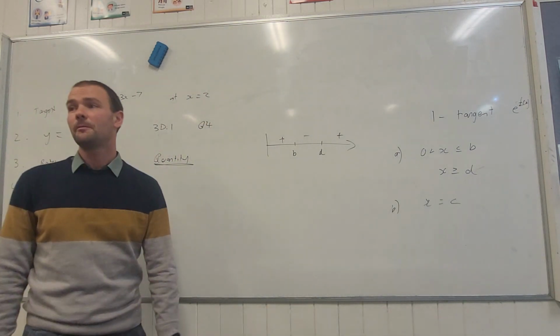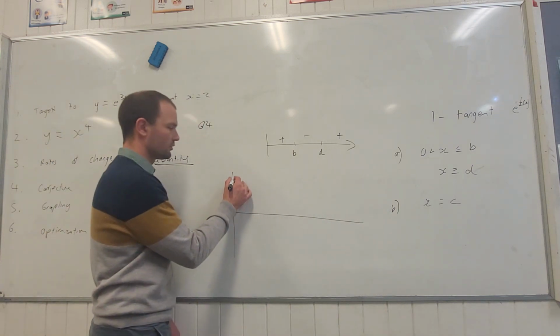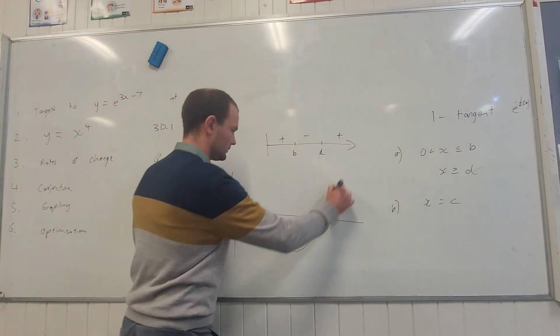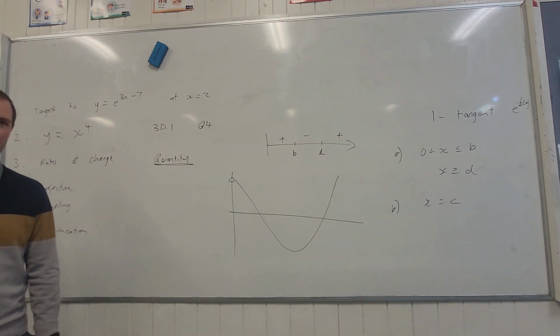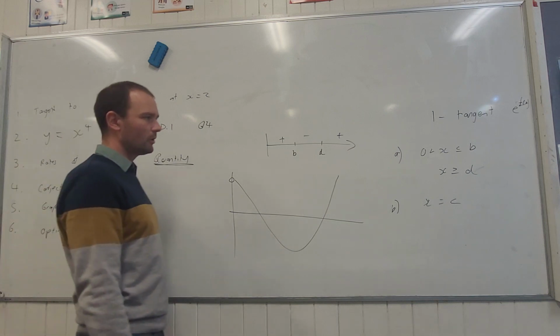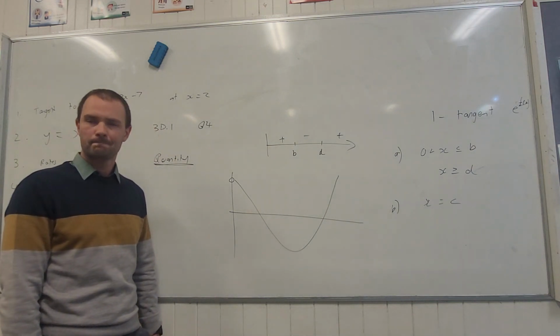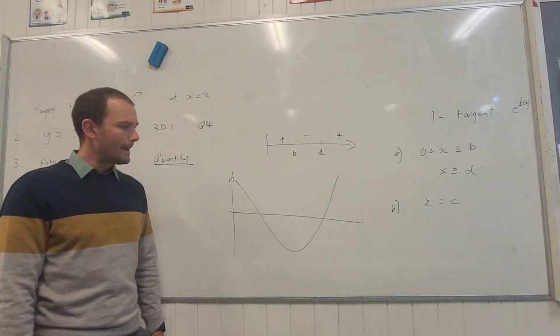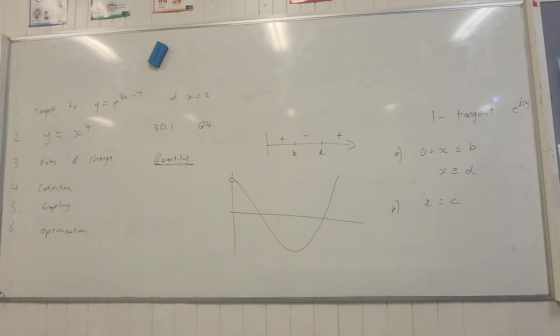Now, based off of that, if we're graphing it, there's a temptation to do something like this, isn't there? But that would only get you 2 out of 3 marks. Because the other thing we need to remember is that points of inflection correspond with turning points.